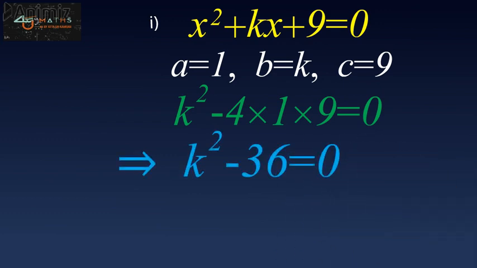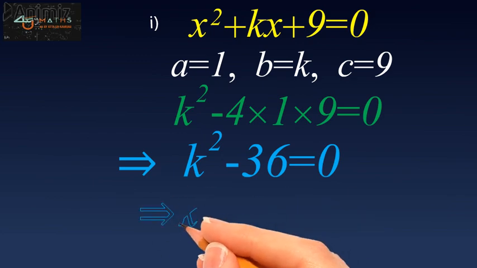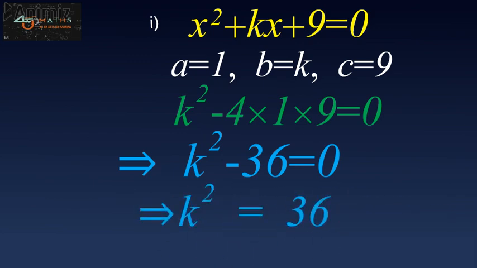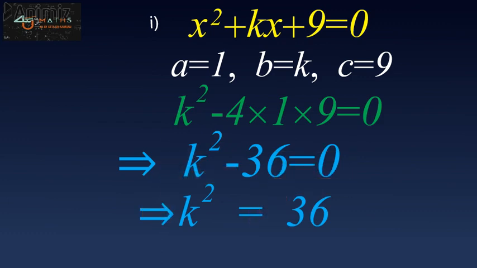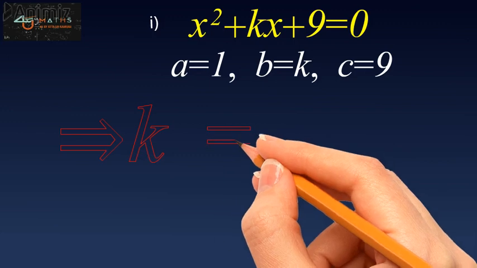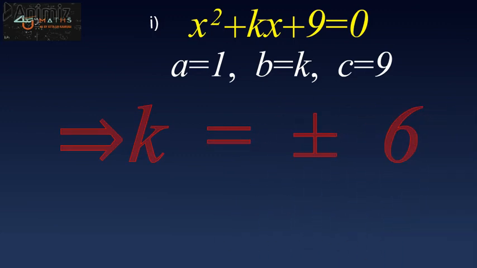On simplifying, we have k square is equal to 36. Now taking square root of both sides, we have k is equal to plus minus 6.